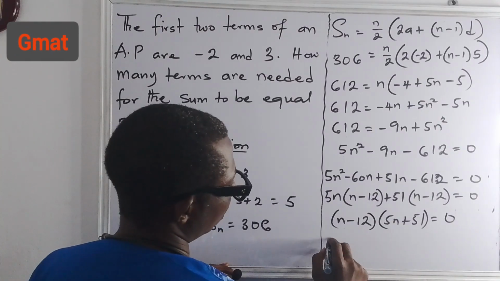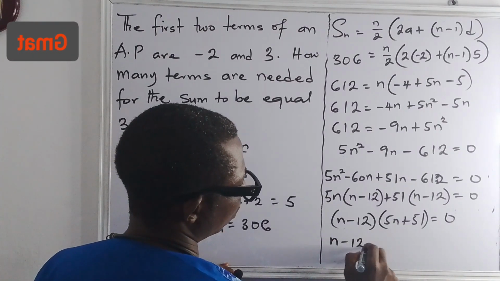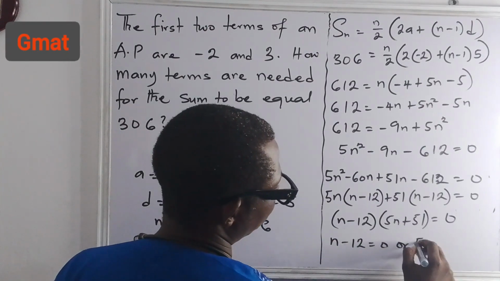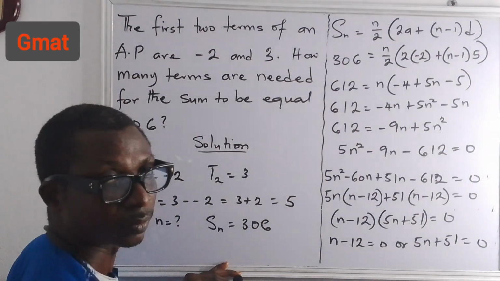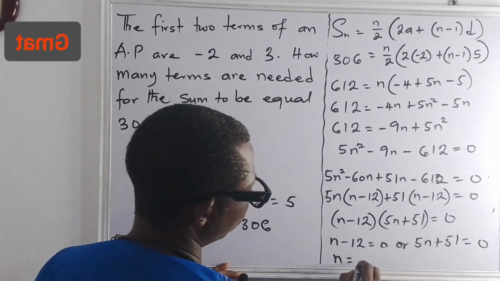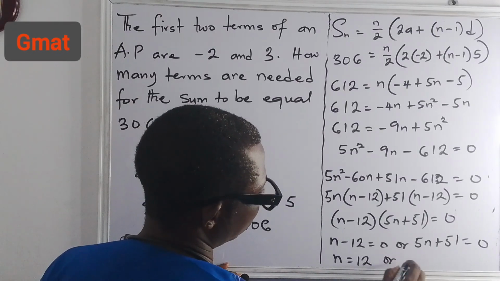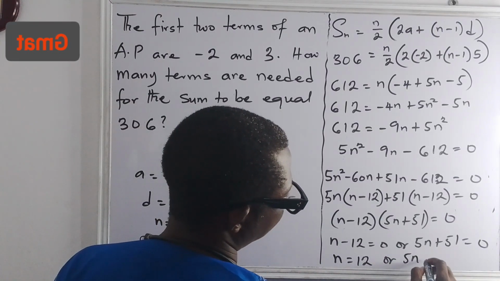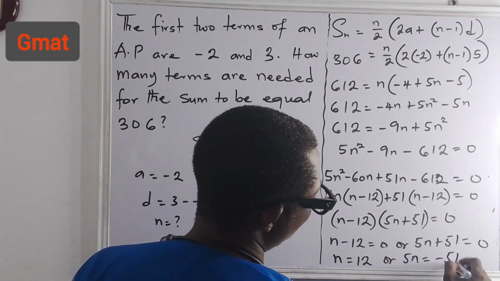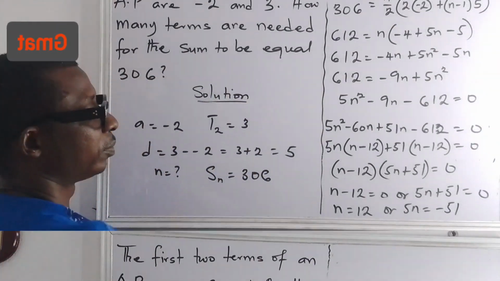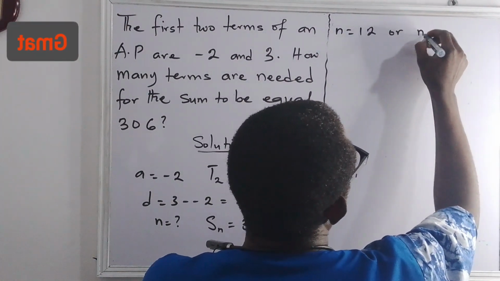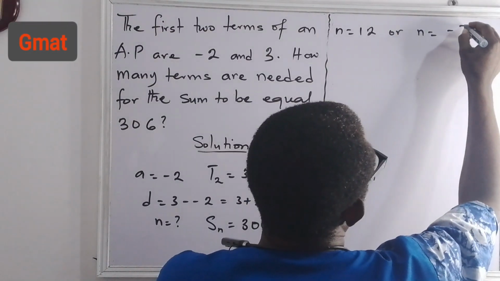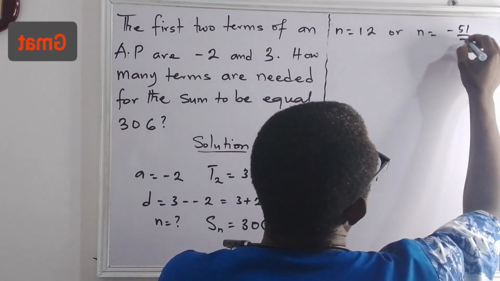All right, so we have n minus 12 equals 0, or 5n plus 51 equals 0. So that means n equals 12, or 5n equals minus 51. Okay, so n equals 12, or n equals minus 51 over 5.